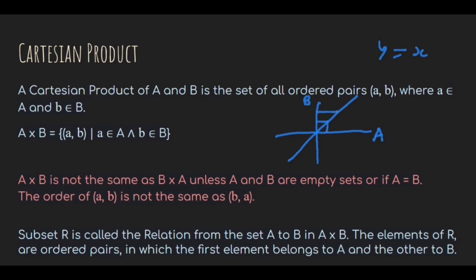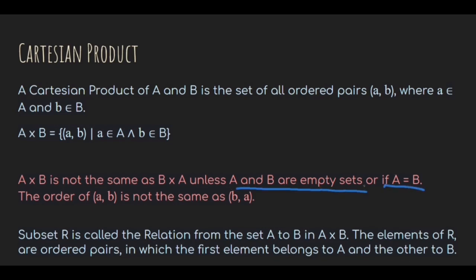If our b is 2, our a has to be 2. If our b is 3, our a has to be 3. They are the same, which means that no matter how you swap them, if a is 1, b is 1, they're going to look the same. Therefore, if they are the same sets, or if they're empty sets, they're going to look the same, but not otherwise.